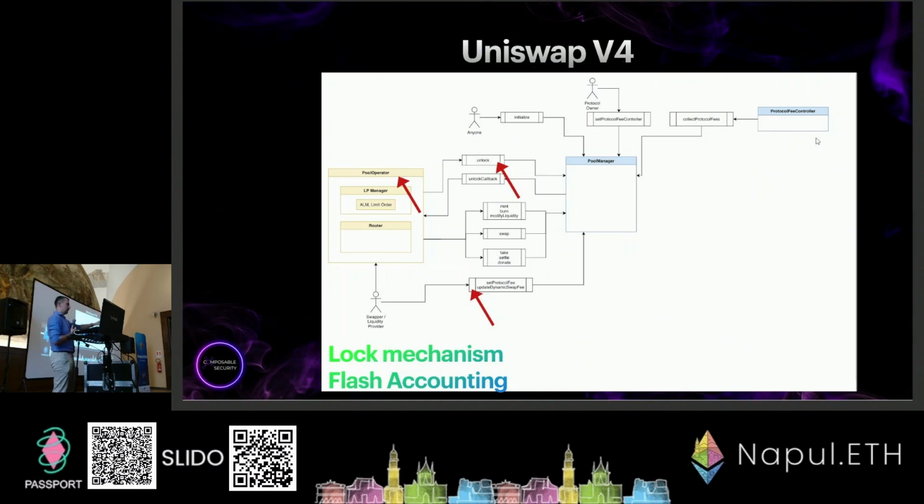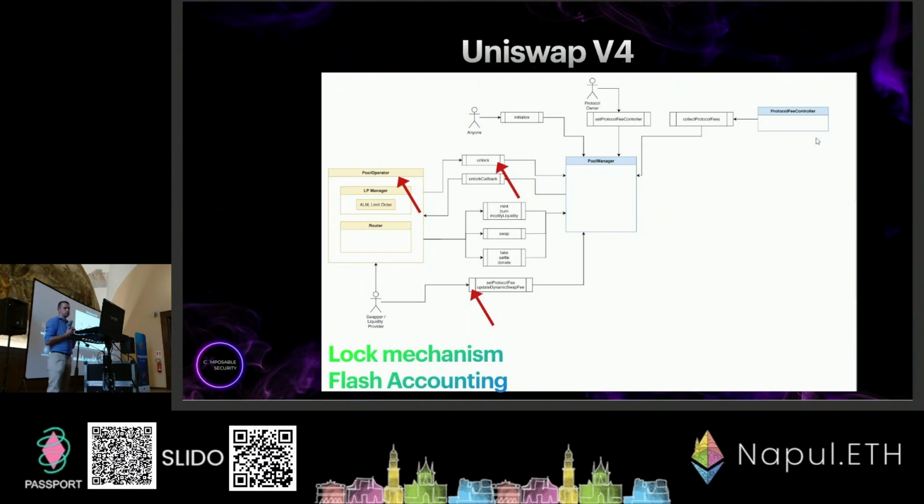The pool calls you back with the unlock callback function, and from this point you can make a lot of different operations like minting liquidity, removing liquidity, swapping, doing whatever, without more callbacks. You do it directly on the pool manager, and in the end the pool manager checks whether your accounts are settled. So you cannot owe any money to the pool manager, and the pool manager cannot owe you any money. It has to be cleared, and then it's successful.